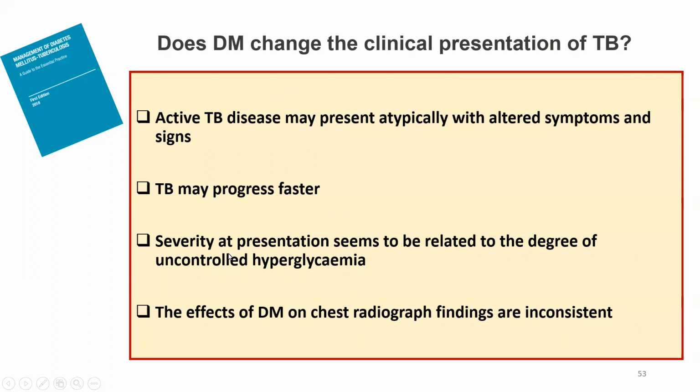So you want to have glycemic control in those diabetic patients so that you don't have severe presentations. The effects of diabetes on chest X-ray findings are inconsistent. As we highlighted, there are atypical findings on the chest X-ray in patients with diabetes.